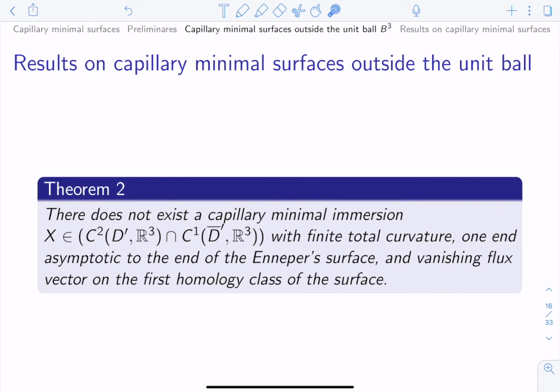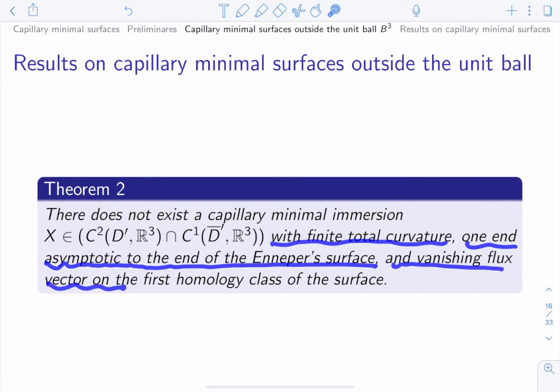We were also able to obtain the following non-existence theorem as well. It states that there does not exist a capillary minimal immersion with finite total curvature and one end asymptotic to the end of the Enneper surface, and also vanishing flux vector on the first homology class of the surface.